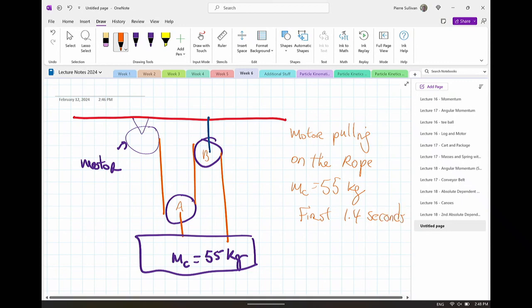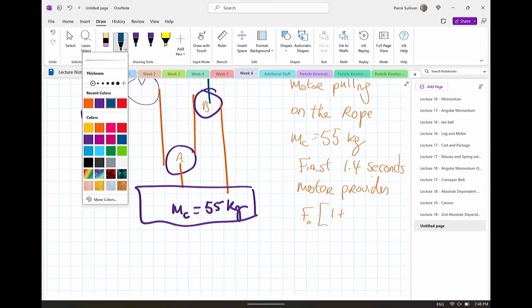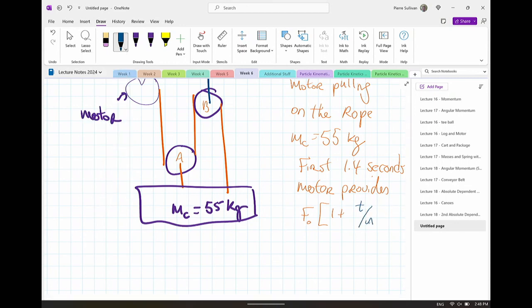So for the first 1.4 seconds, the motor is providing a time-varying force of F naught times 1 plus t over tau.